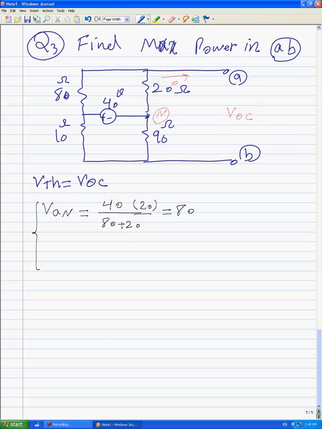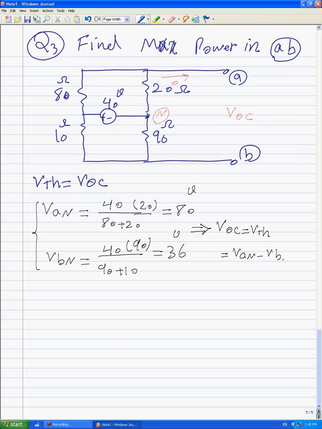And we have the same scenario for B. VBN is equal to, again, the total voltage divided by 90 plus 10, because 90 and 10 are in series, times 90, and is equal to 36 volts. That's why immediately we can say the open circuit voltage, or Thevenin voltage, is equal to VAN minus VBN, and is equal to 28 volts.